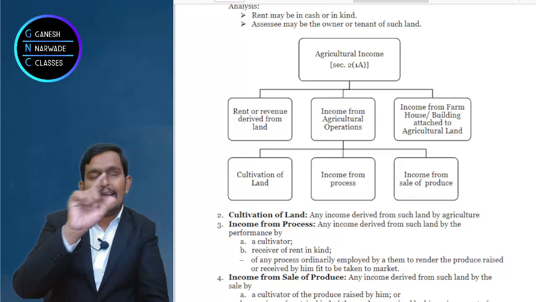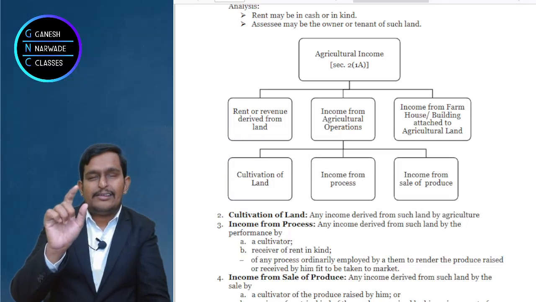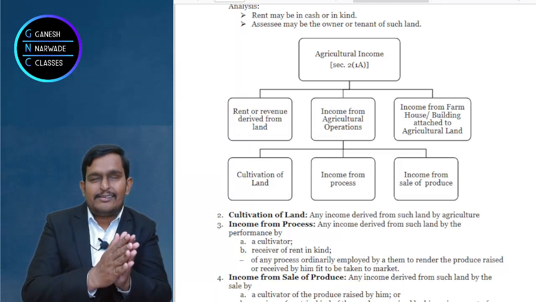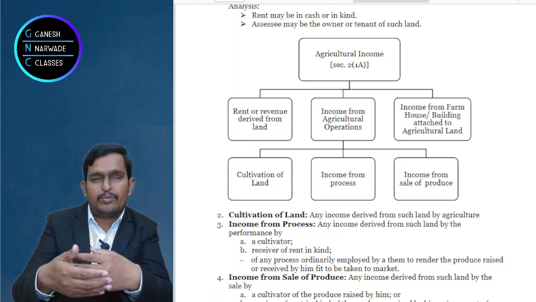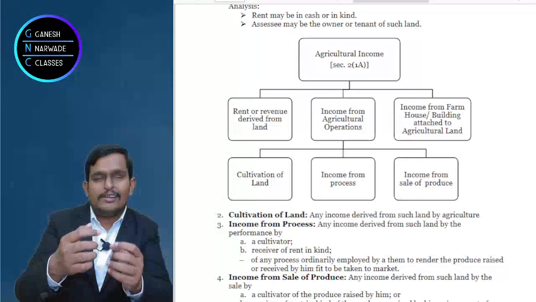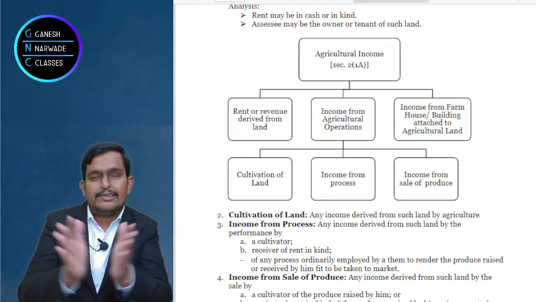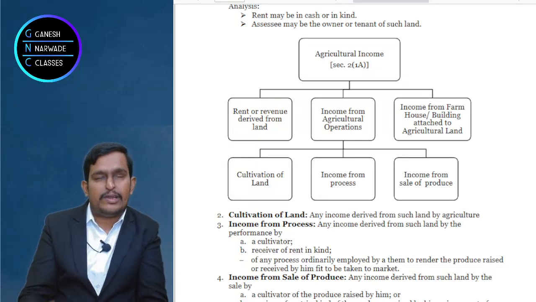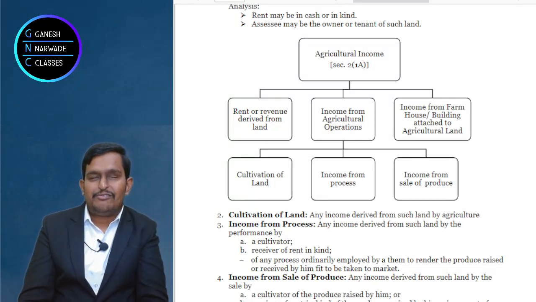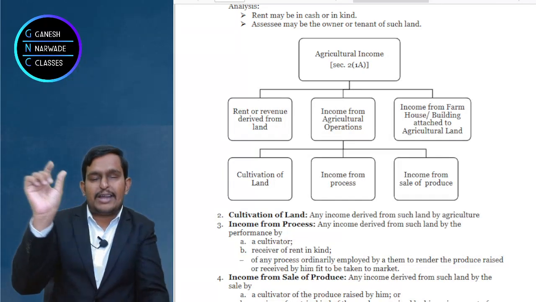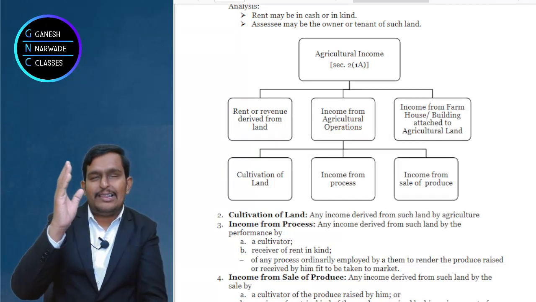So in the chart, agricultural operations: first is cultivation, second is processing the agricultural produce, third one is sale of the agriculture produce. Okay, we'll discuss that first and then go to the fifth point, which is the third part of the chart on the extreme right side.